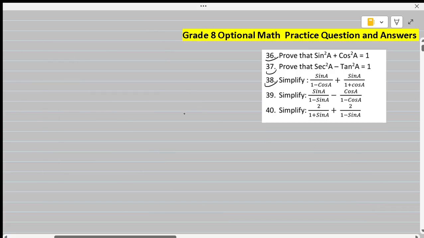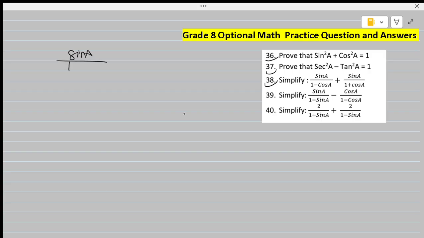Okay, so in 38 let's see, we have to simplify sin A by 1 minus cos A plus sin A by 1 plus cos A, is it?